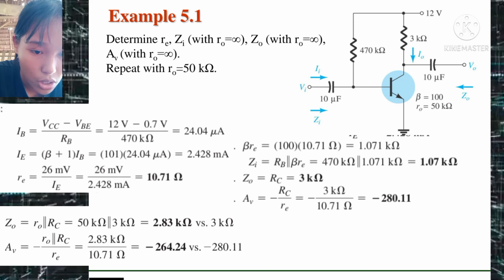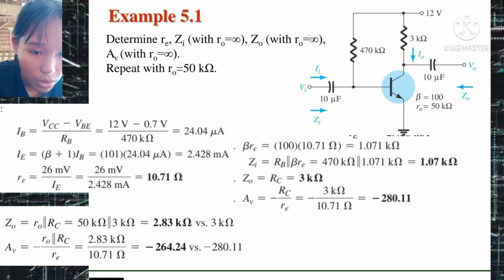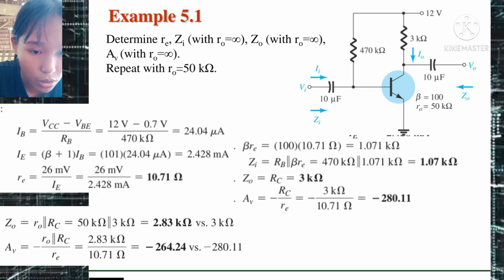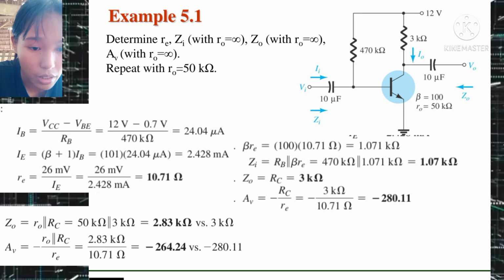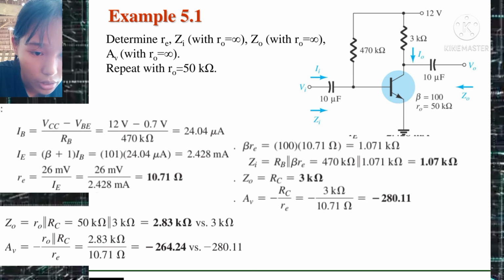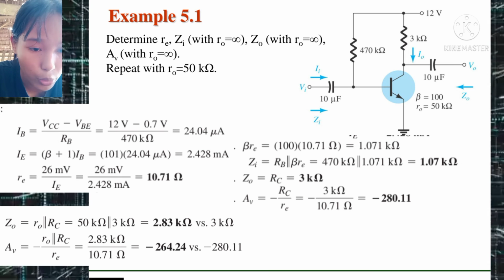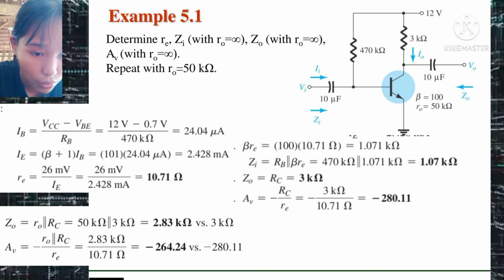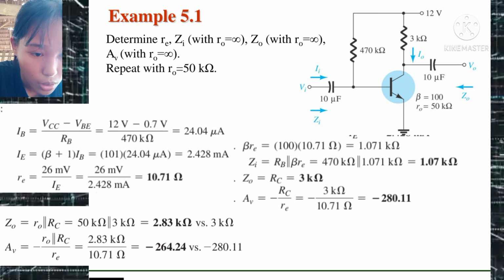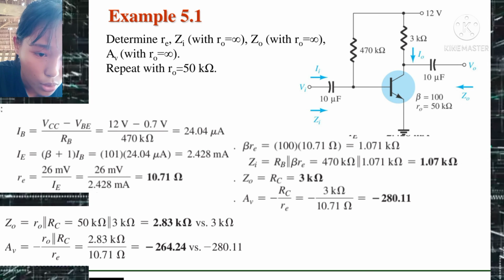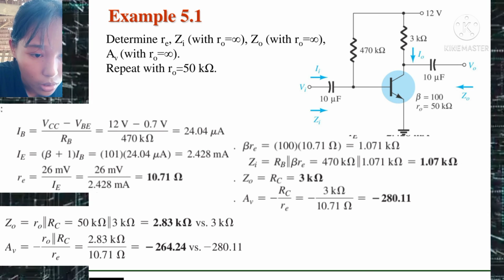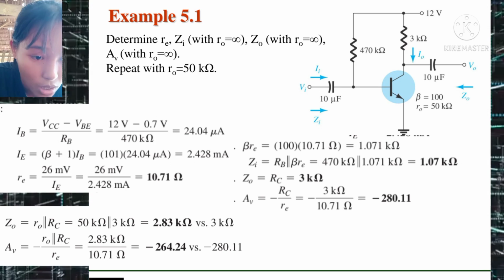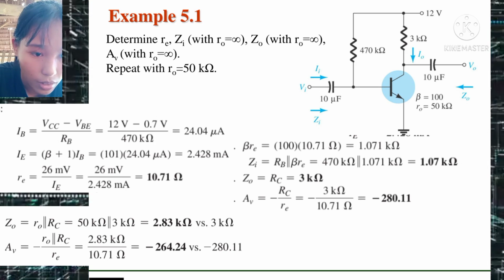And for our voltage gain, our Av will be equal to ro in parallel with RC divided by re. So 2.83 kilo ohms over 10.71 ohms is equal to negative 264.24, versus the negative 280.11. So we can see here that it is smaller in magnitude than the previous one.